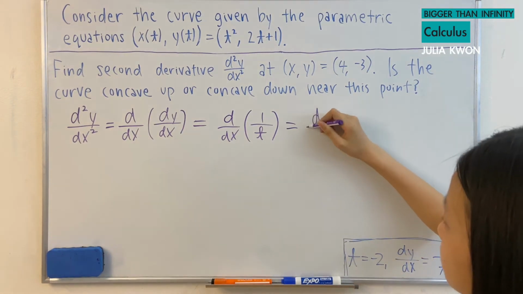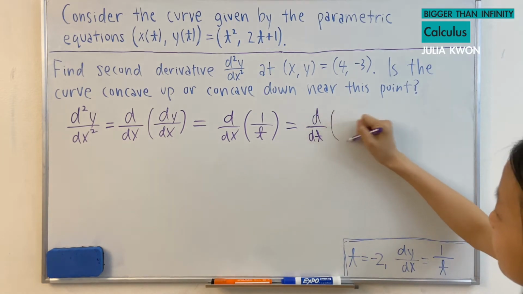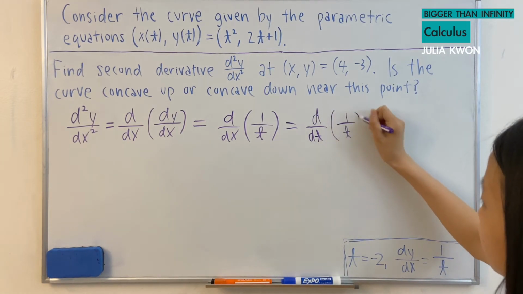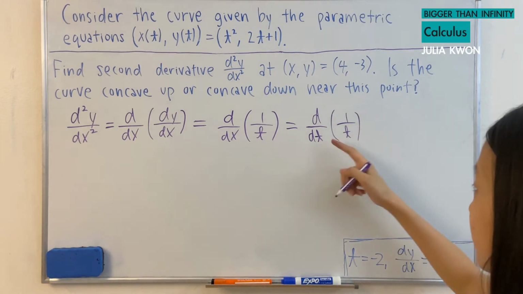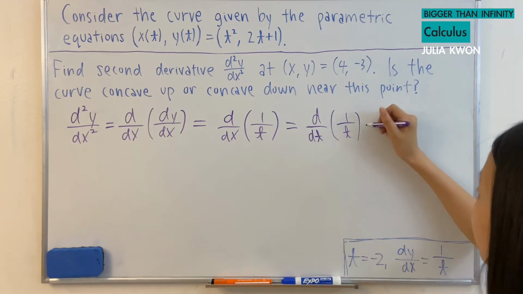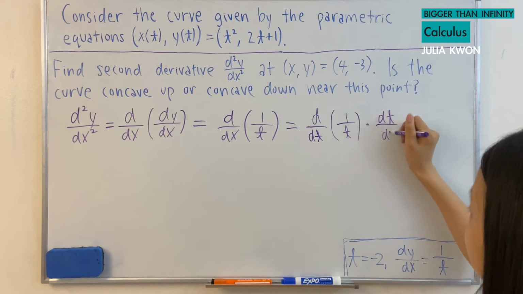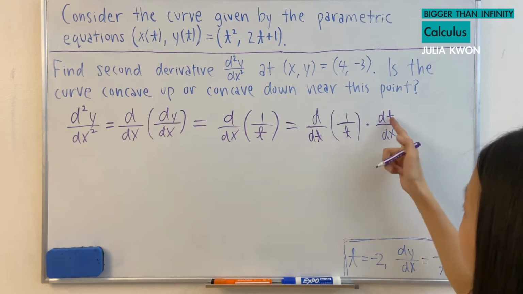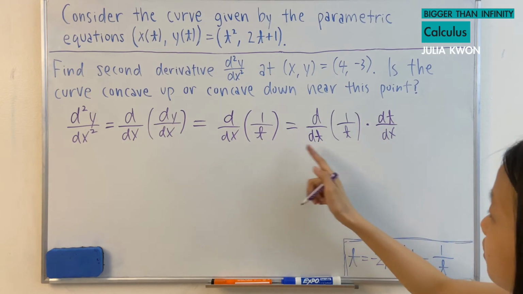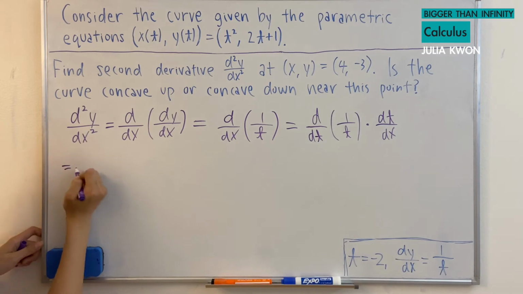So we have to change it like this so that we're able to take the derivative in terms of t. But since we changed the x to t, we have to multiply everything by dt divided by dx. Then these two will cancel out and dx will go here, so these two are technically the same.